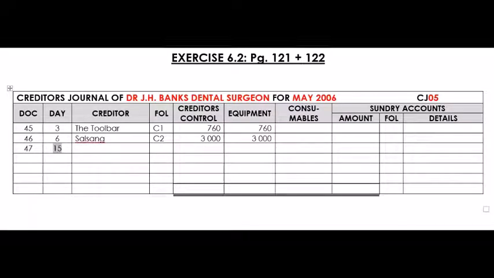The date is the 15th. The creditor is Handy Andy, creditor number 3. The value will go to creditors control and to repairs in the sundry accounts section. Remember to use this folio column to reference your general ledger. And if you look at your general ledger on the next page, repairs is nominal account number 2.